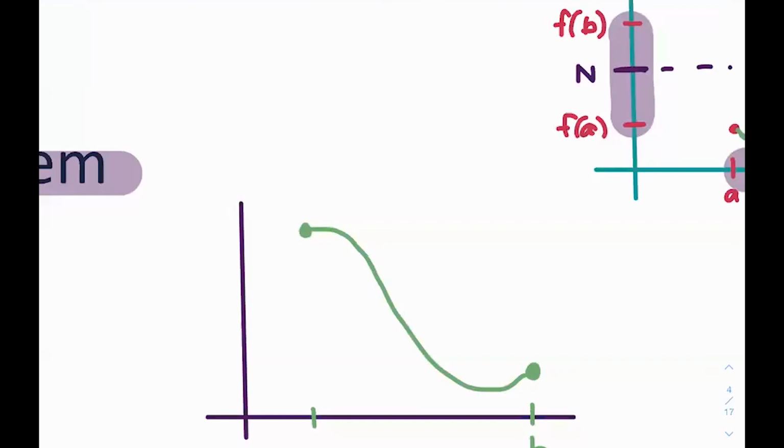Well, when I'm looking at just this part of the function between x values A and B, I have to see an absolute minimum, which in this case would be right here. And I have to see an absolute maximum, which would be something in this general range. There has to be an absolute minimum. There has to be an absolute maximum when we're looking at a restricted interval.